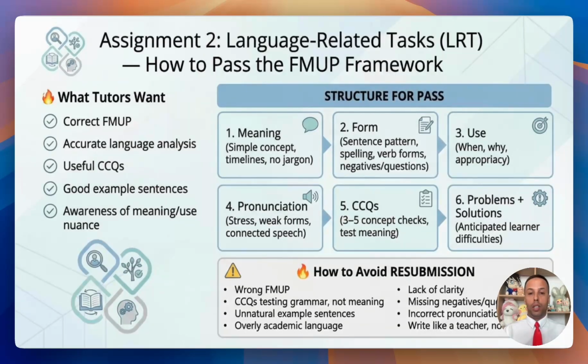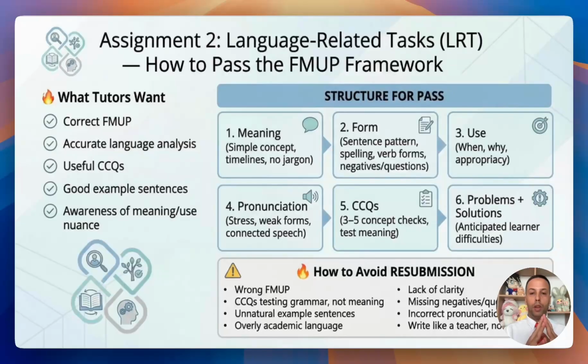Here is the structure for a pass. 1. Meaning. Simple concept explanation. We covered this in module 3. Go back and have a look. Timelines, if helpful. No jargon, and what does this language actually mean? 2.